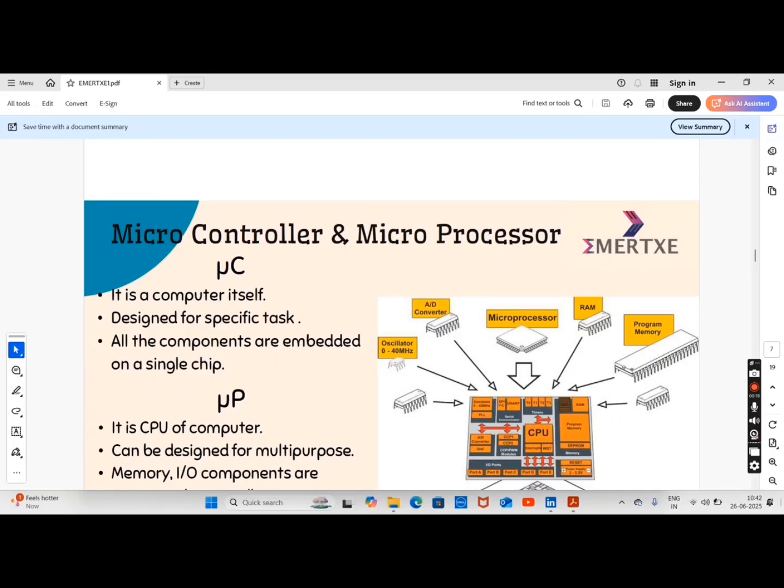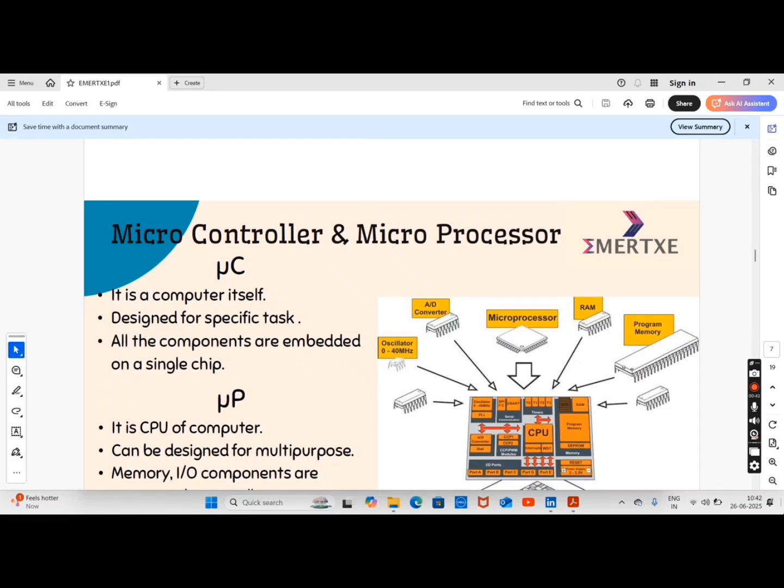Basically, a microcontroller is a mini computer, defined for a specific task to perform some activities. All the components are embedded on a single chip. In a microcontroller, all the components we need are based on a single chip.